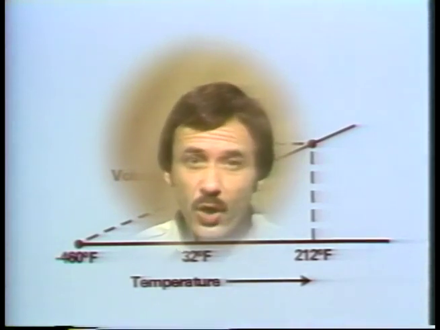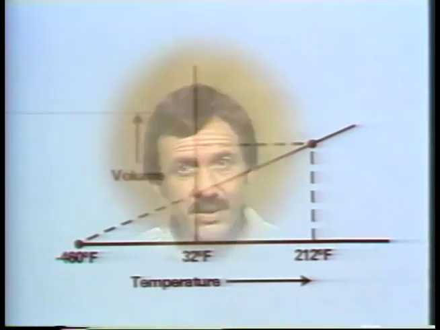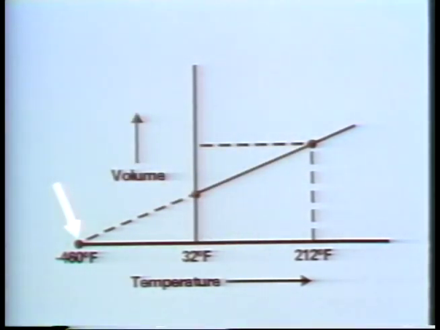But if temperature gets cold enough, all movement of molecules stops. This happens at minus 460 degrees Fahrenheit, and it's called absolute zero, which is the beginning point for an absolute temperature measurement called the Rankine scale. 0 degrees Rankine is absolute zero.